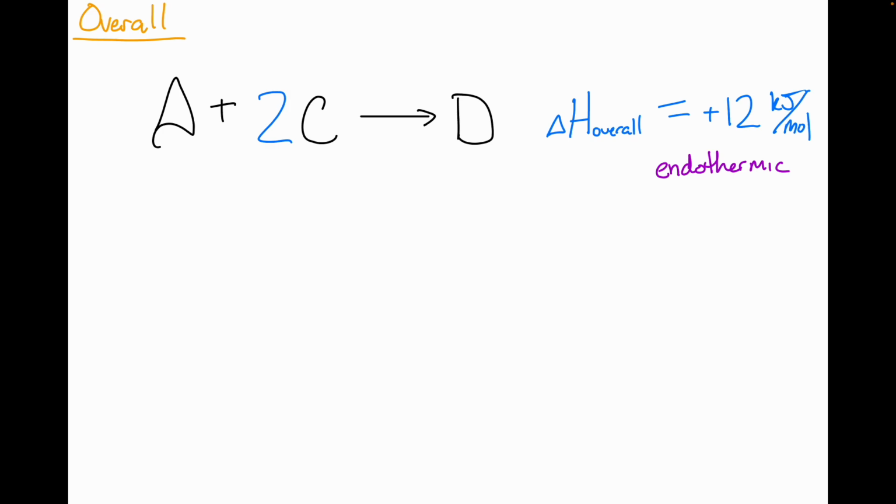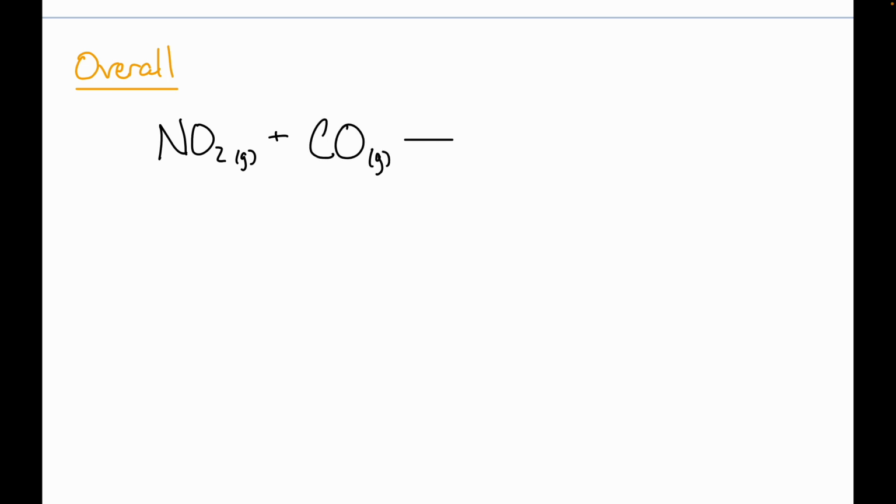All right, cool. So now we're going to do one more, but we're not going to look at variables. We're going to look at actual chemicals, so there's going to be a little bit more going on here. Now we're going to take our overall equation: nitrogen dioxide gas plus carbon monoxide creates nitrogen monoxide and carbon dioxide.